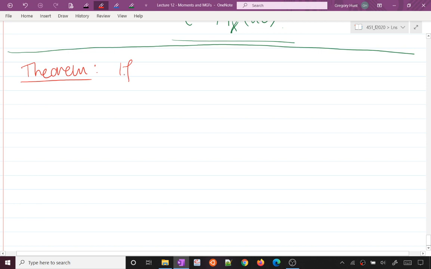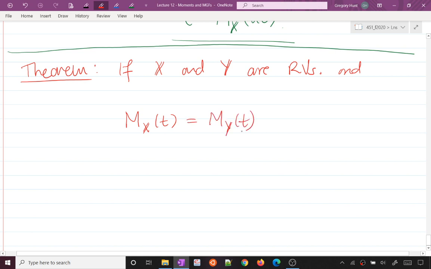It says that if we have two random variables, x and y, and the moment generating function of x is equal to the moment generating function of y for all t in some neighborhood of 0.